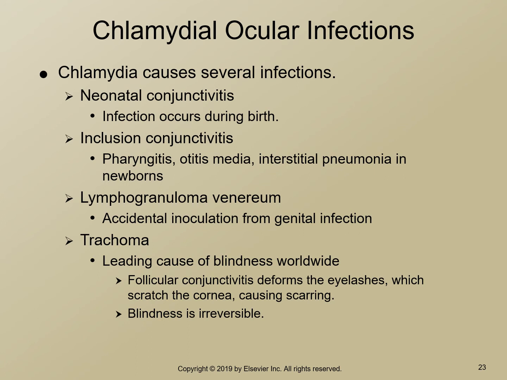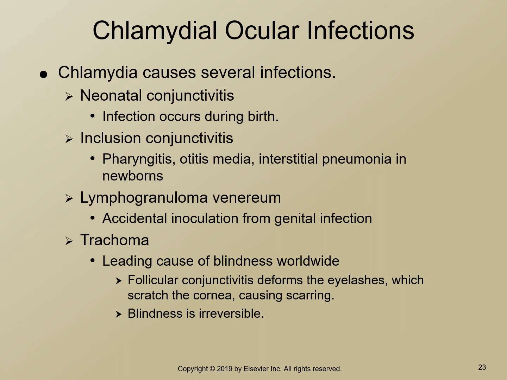Chlamydia can cause several ocular infections, including neonatal conjunctivitis, inclusion conjunctivitis, lymphogranuloma venereum, and trachoma. Neonatal conjunctivitis becomes apparent within 8 to 10 days after birth, and the infant is infected while traveling down an infected birth canal of the mother.